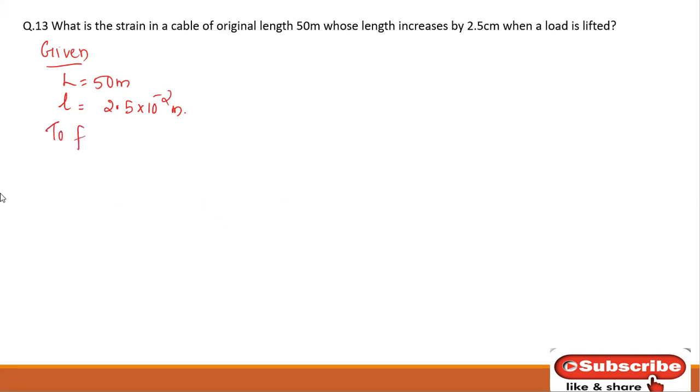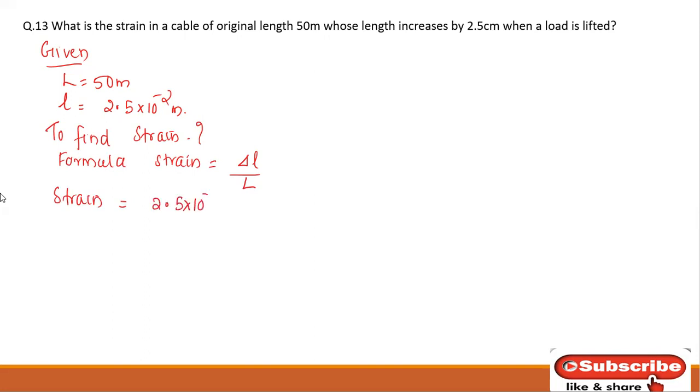To find strain, formula for strain we know, just now we solved. Formula for strain is equal to change in length upon original length. That is strain is equal to change in length is 2.5 into 10 raised to minus 2 divided by original length is 50.